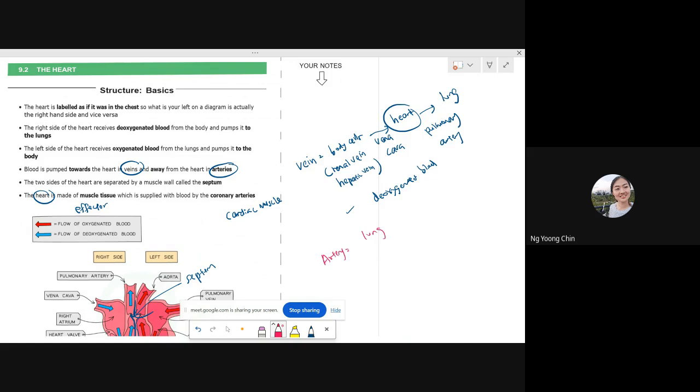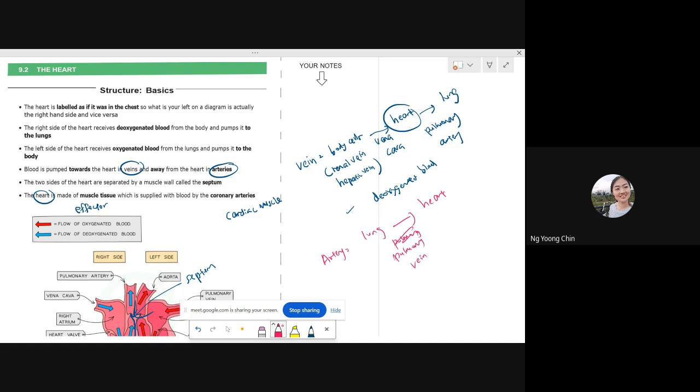So now the lung has oxygenated blood, and then the lung will transport the oxygenated blood back to the heart by what kind of blood vessel? By the pulmonary vein.